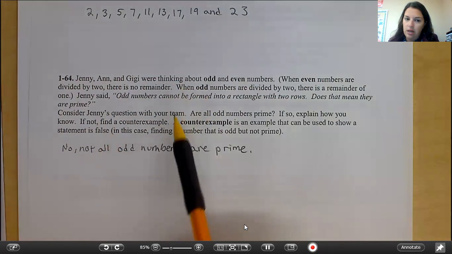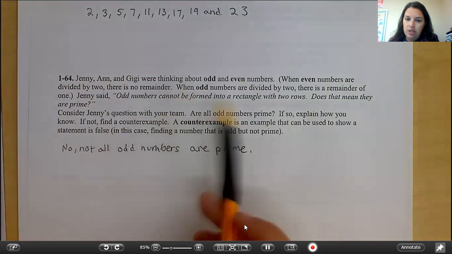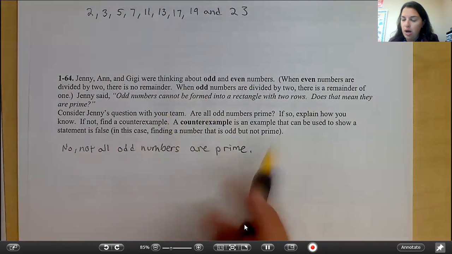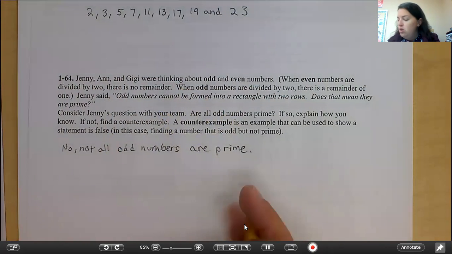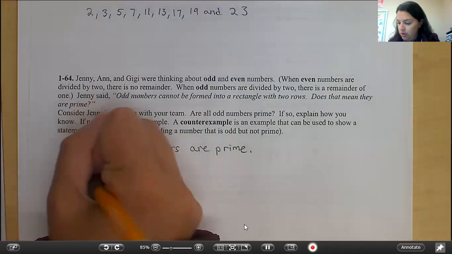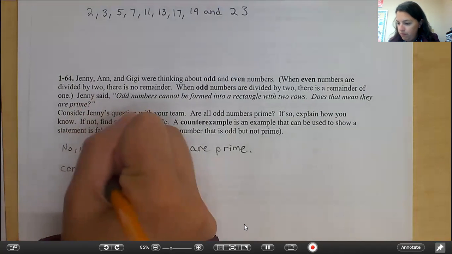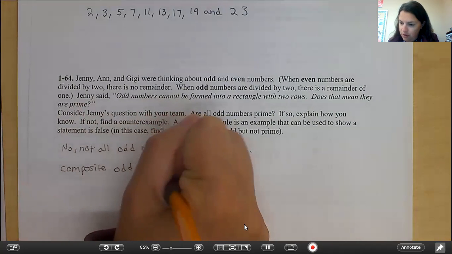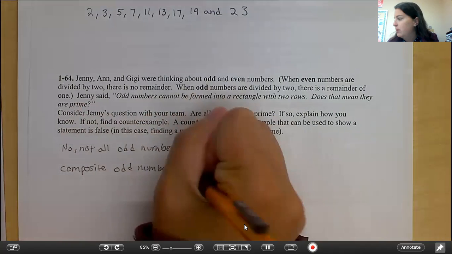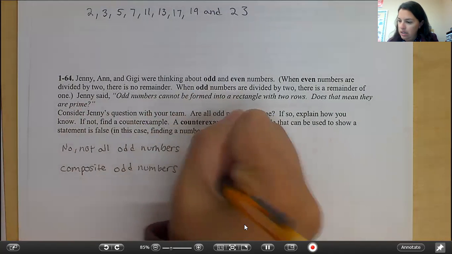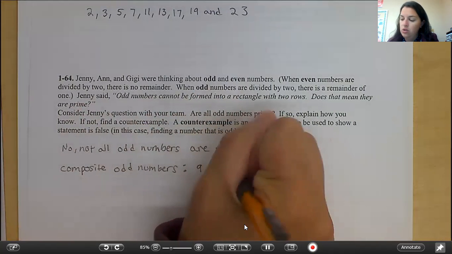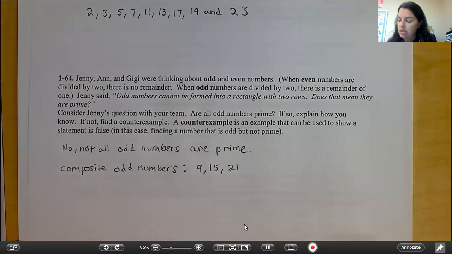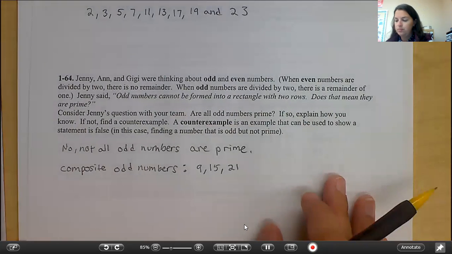So we're trying to show that the statement that odd numbers are prime is false. So composite odd numbers, and if you go back to problem 163, you have some counterexamples. 9, 15, and 21 are all composite odd numbers.